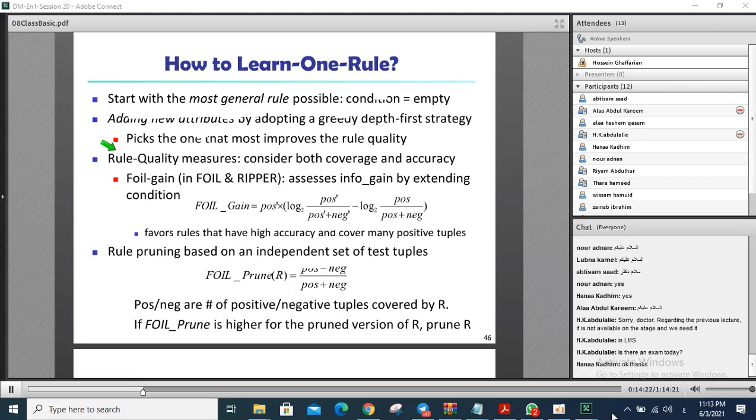We choose the attribute with the most improvement in the rule quality. We choose the attributes and add them to the rule one by one. And after adding each attribute, I should use a rule quality measure.